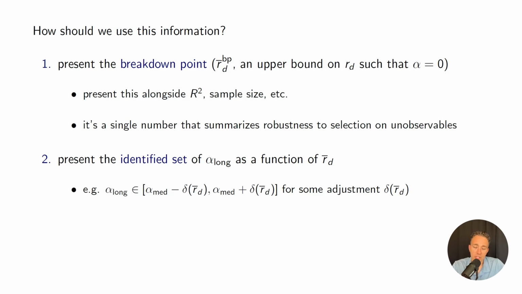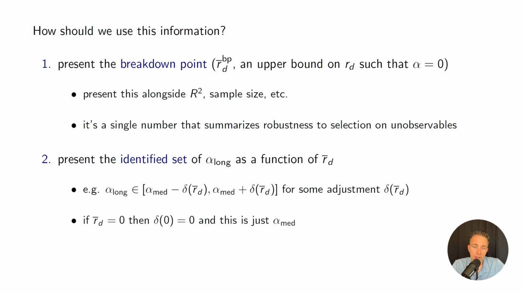We can think of some adjustment delta that is a function of whatever value of Rd we want to assume, and the alpha long becomes an interval that's symmetric and widens as we take R bar d higher. The breakdown point is just defined as where this interval begins to contain 0. But we can also think about what the interval width would be for other values of R bar d.